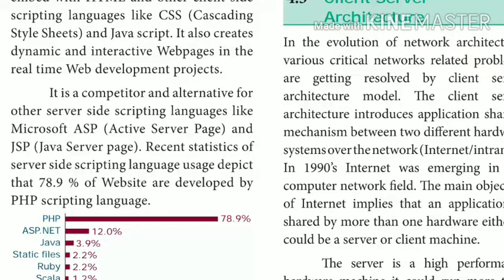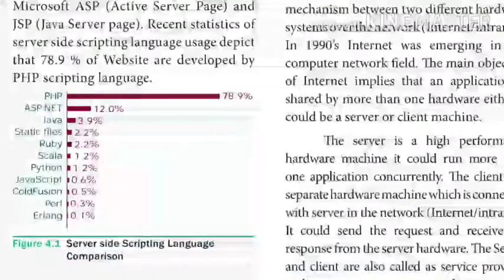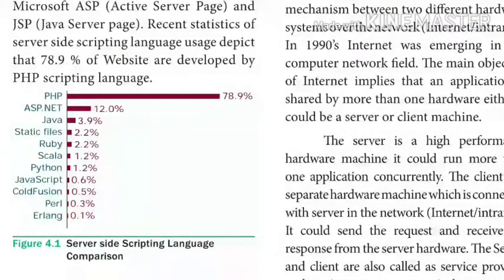Recent statistics of server-side scripting language usage depicted that 78.9% of websites are developed by PHP scripting language. So here you can see that there are so many other scripting languages like PHP, ASP.NET, Java, static files, Ruby on Rails, Scala, Python, JavaScript, ColdFusion, Perl.